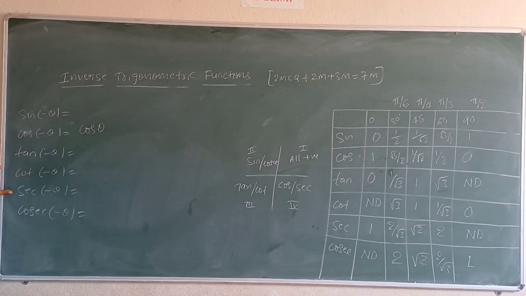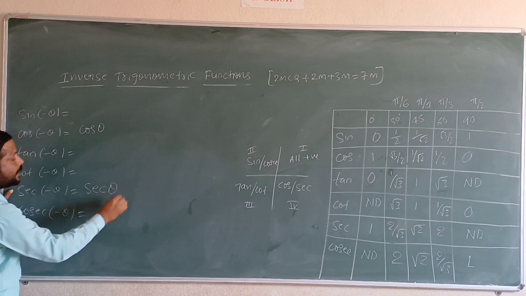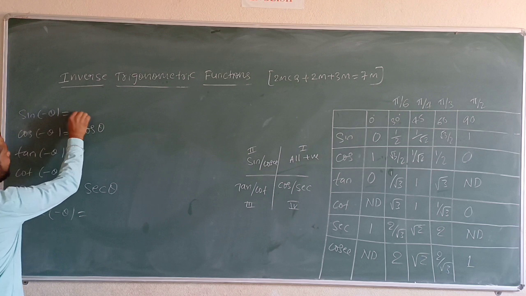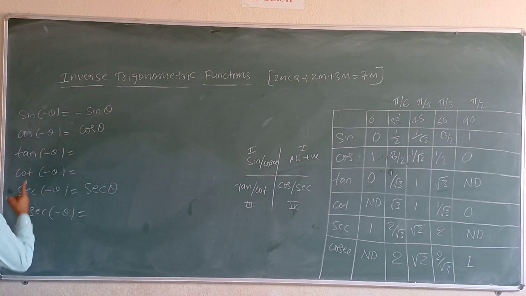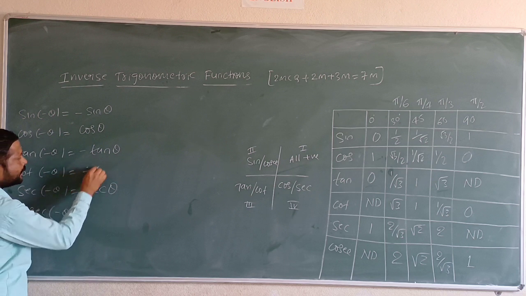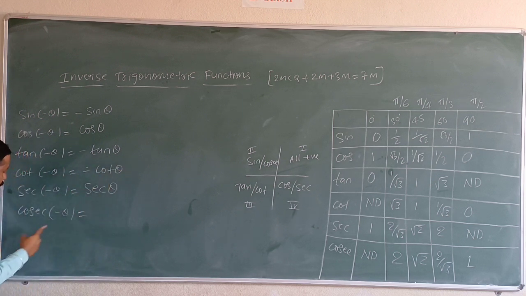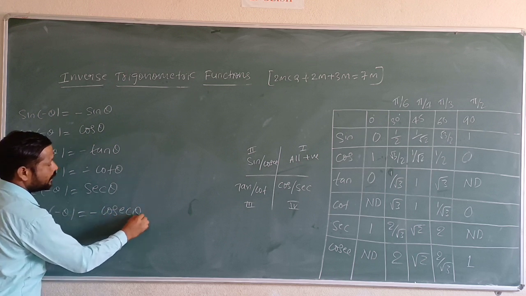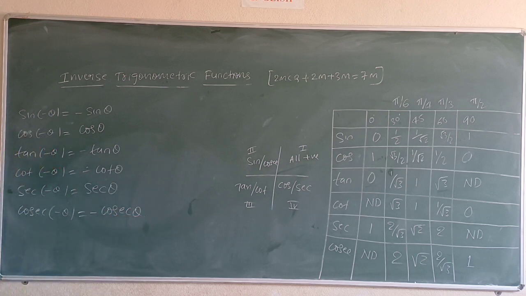Secant of minus theta is plus secant theta. Remaining are negative. Sin of minus theta is minus sin theta. Tan of minus theta is minus tan theta. Cot of minus theta is minus cot theta. Cosecant of minus theta is minus cosec theta. These are the negative angles.